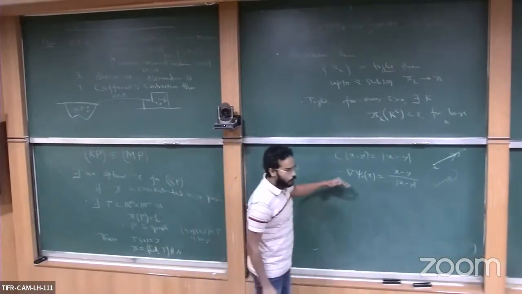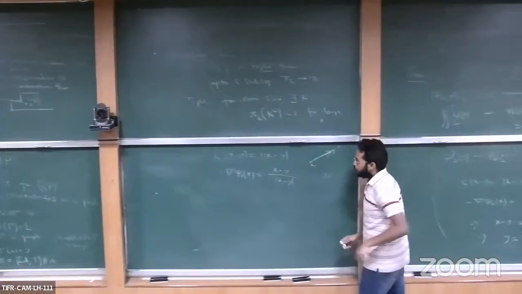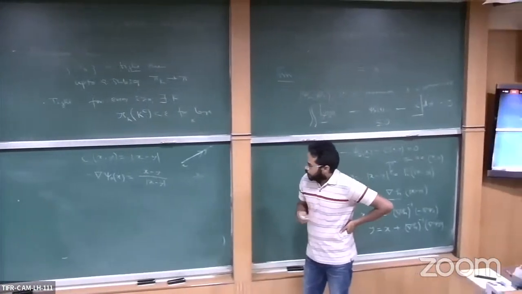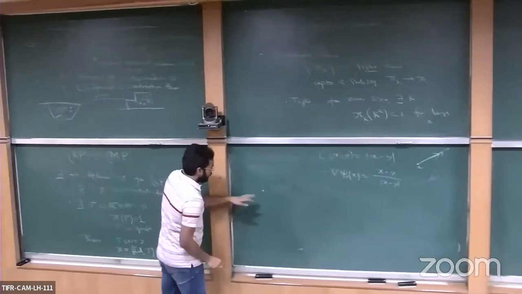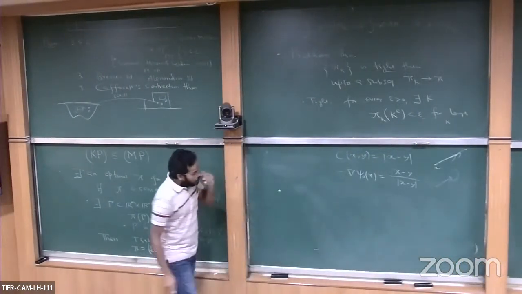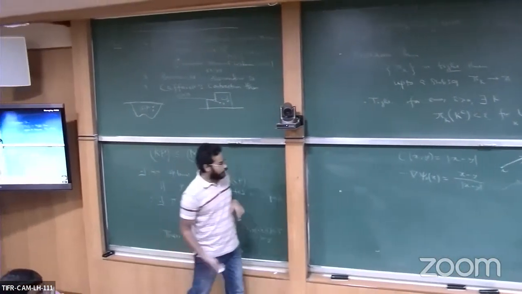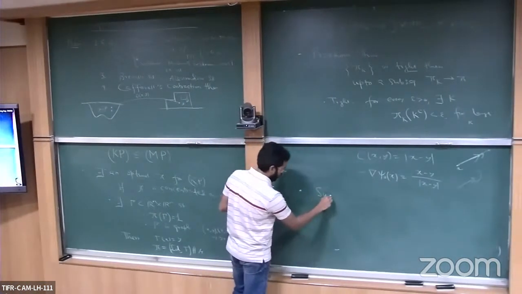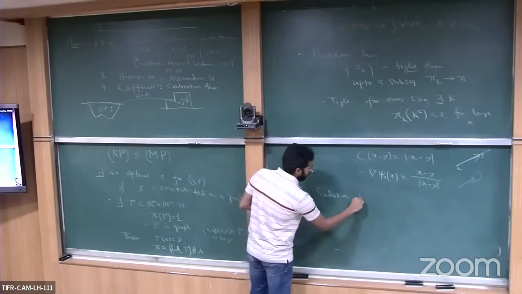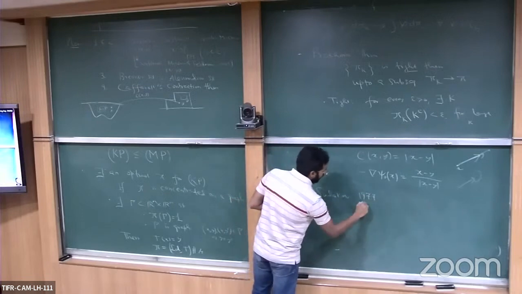So this is the original Monge problem, as I mentioned. I will not talk about this, I will just give you some references. The first existence theorem came due to Sudakov around 1977.